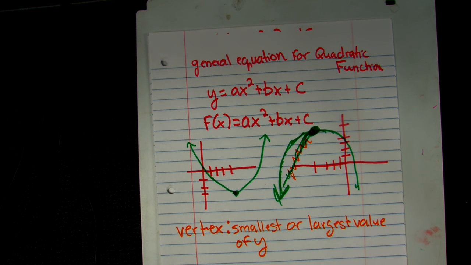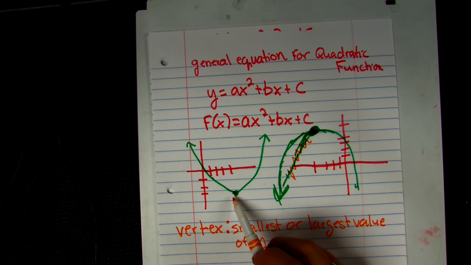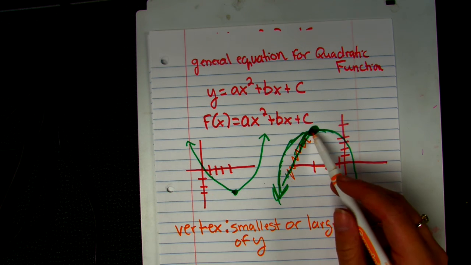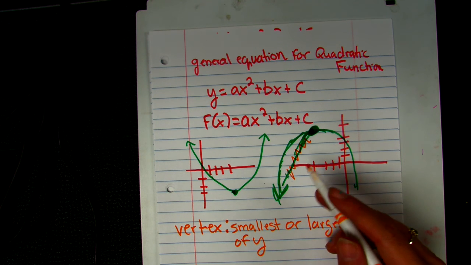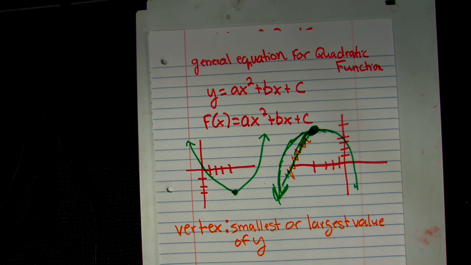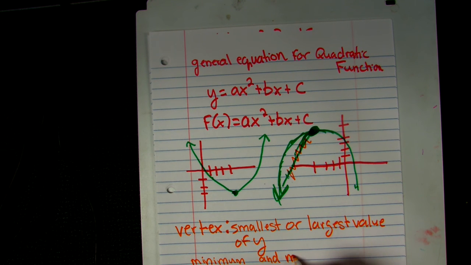So because we have a smallest or largest value, we can also call these minimum and maximum points. If you have a smallest value, you're going to have a minimum point. If you have a largest value, you're going to have a maximum point. So again, the smallest and largest values of y are also the minimum and maximum points.